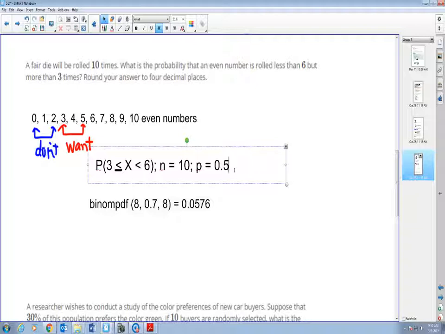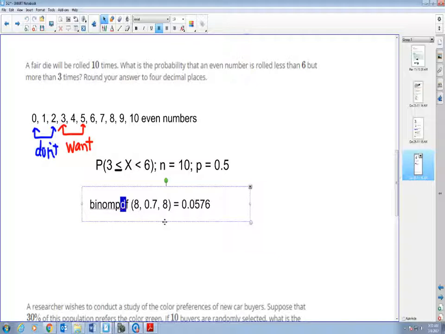Alright, so this is tricky. This is very, very tricky. I'll guide you through this, okay? If you want to do binomial CDF, your n is 10. Probability of getting an even number is 0.5. But what is the number of successes you wanted?